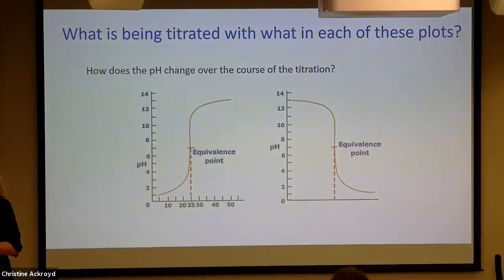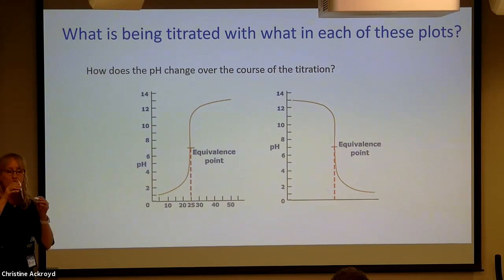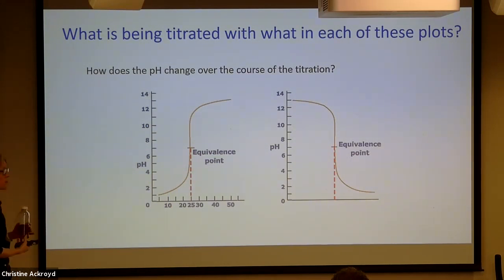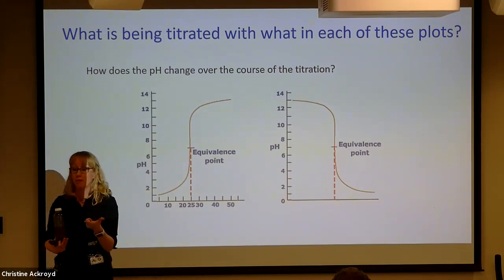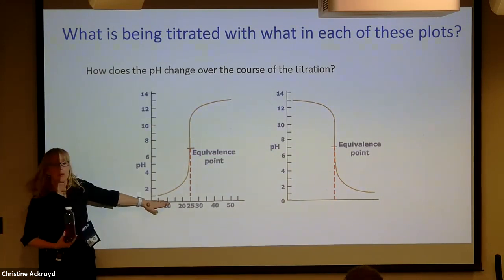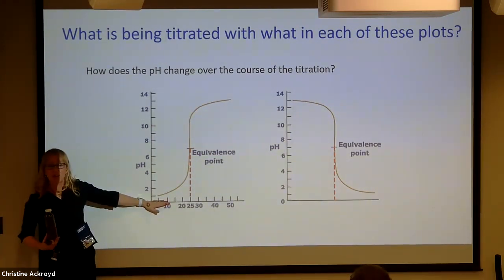Examine these plots and tell me what kind of material is the titrant and which one is the sample. What are we measuring the pH of? A sample, right? So this one, pH starts below pH 2.